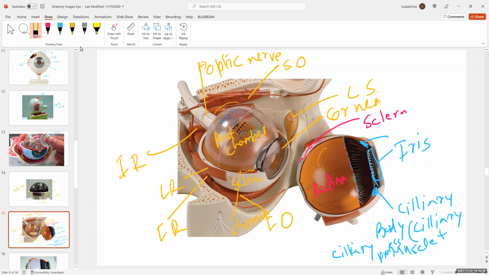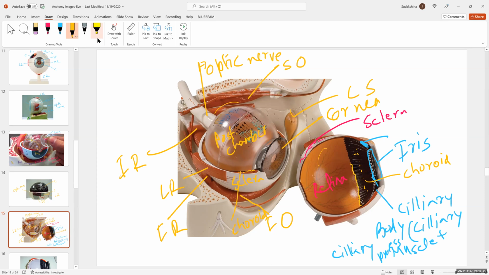This is why I was saying that vascular tunic is more than just choroid. The ciliary body is vascular tunic. Iris is vascular tunic. So this vascular tunic gives rise to this serrated edge. All of that is basically projection of the choroid.